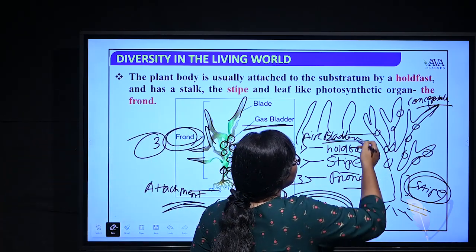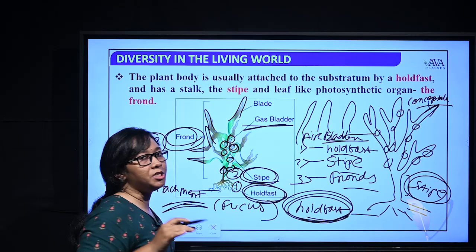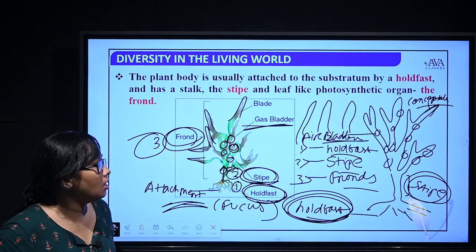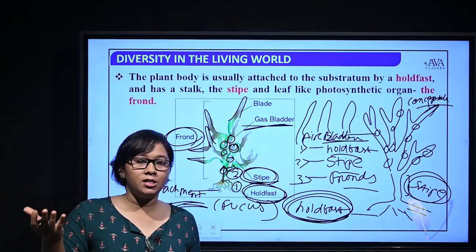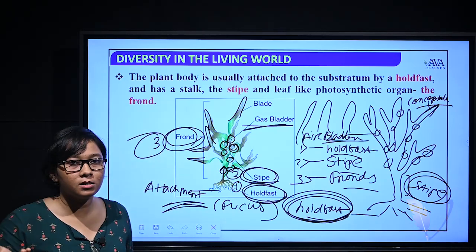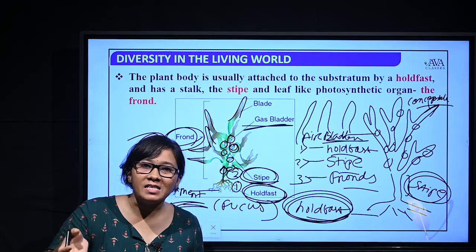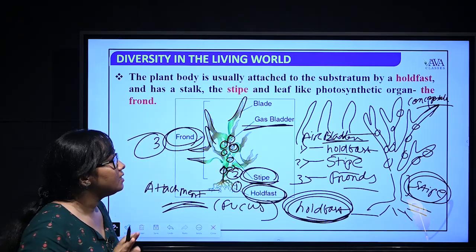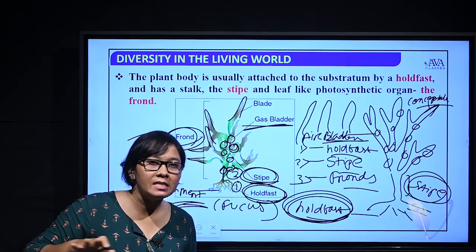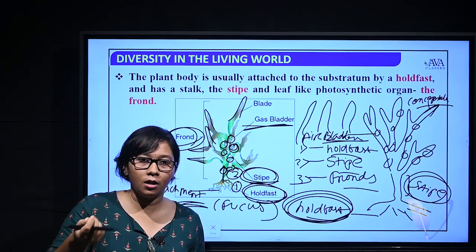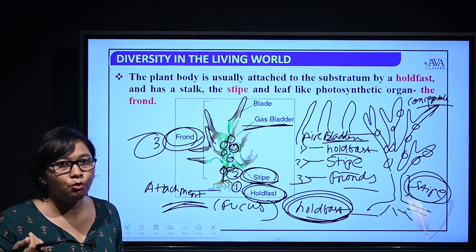And the upper area, the frond, is a completely slippery structure because of the gelatinous matrix, because of the mucilage substance present in the fronds. That is why they appear very slippery, and when we touch them, they are also very slippery to our hand.